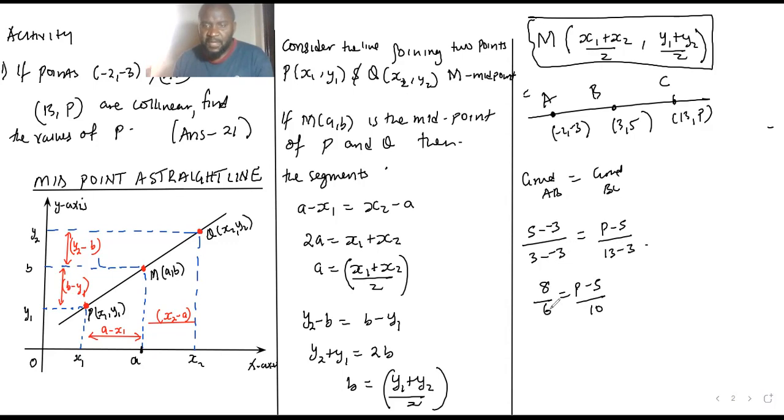So we shall cross multiply, but I can first divide this by 3. This gives me 40 is equal to 3P minus 15. So 3P is going to be equal to 55.